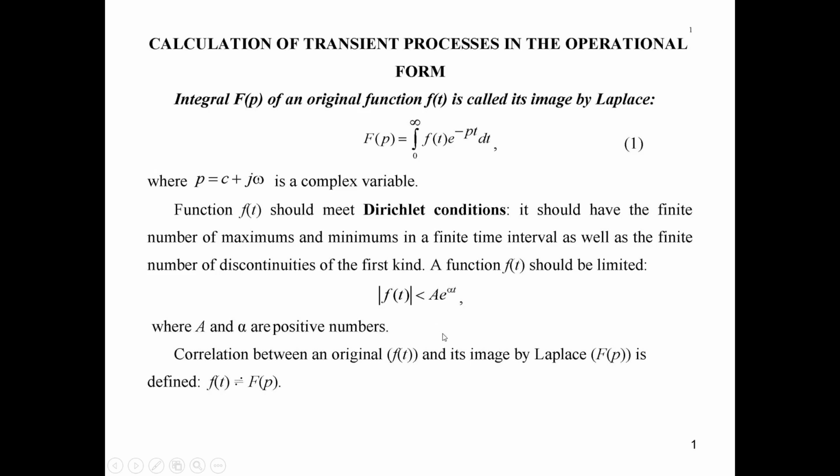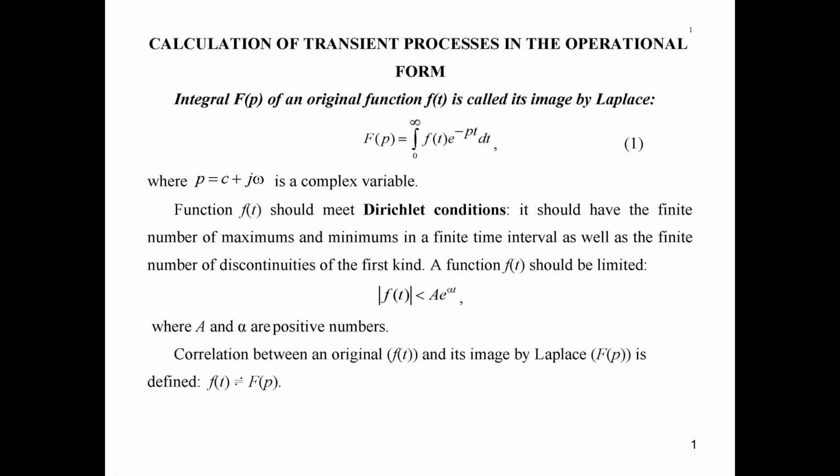So this function should be less than some such function. It should not tend to infinity in any interval of changing of this function. It means this in practical terms.